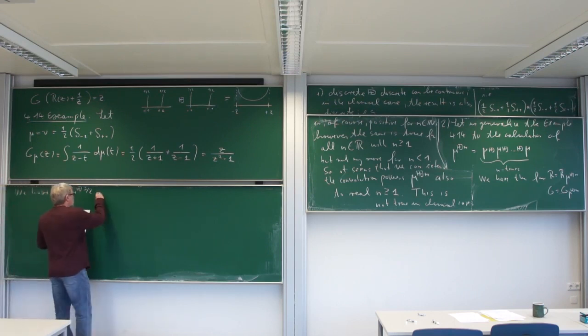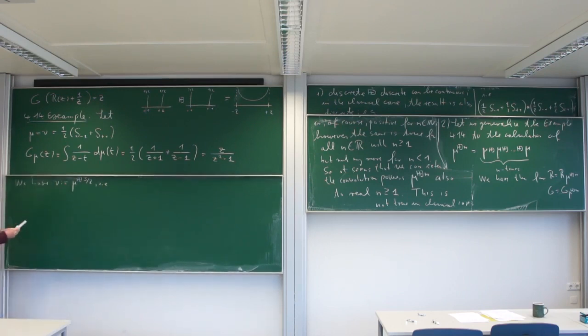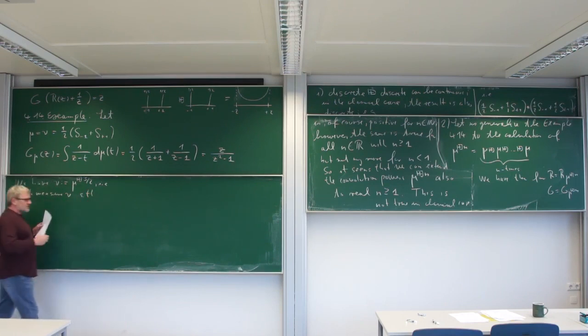We have seen those are probability measures. So we have the probability measure mu, which has the property such that if I convolve this mu twice with itself, I get the same as convolving mu 3 times with itself.